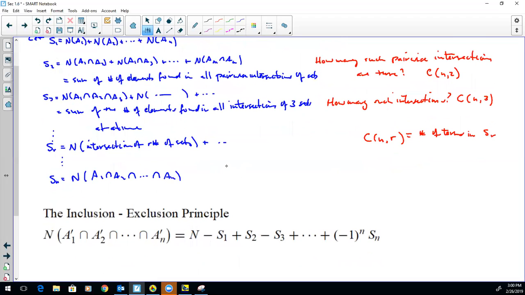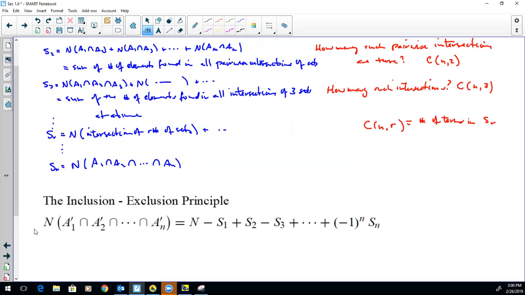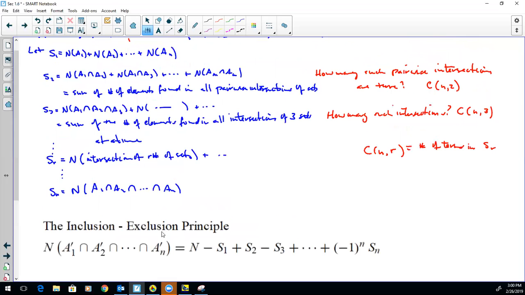The inclusion-exclusion principle says the number of elements that aren't in A1 and aren't in A2 and so on and so on and aren't in A sub N is the number of elements in X, minus the number of elements you've counted when you do one set at a time, plus the number you counted when you do two sets at a time, minus the number for three sets at a time, and so on and so on.